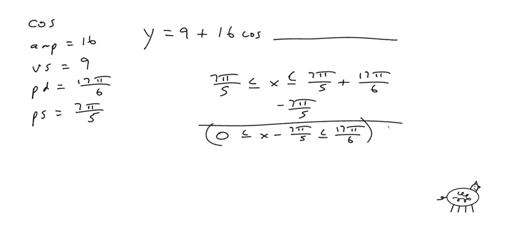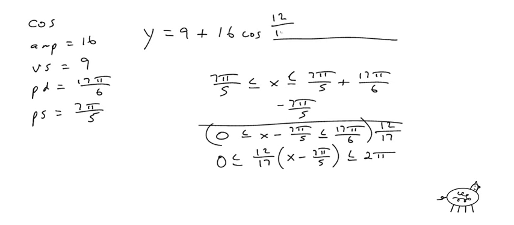Okay, and then I have to get this to be 2 pi, so I'm going to get rid of the 17 right away and multiply that by 12. Alright, so that's pretty easy, right? 0 less than or equal to 12 17ths x minus 7 pi over 5 less than or equal to 2 pi. So 12 17ths x minus 7 pi over 5.